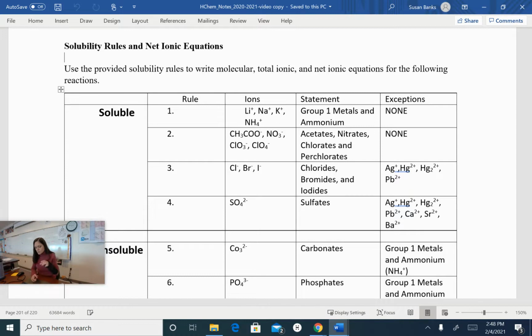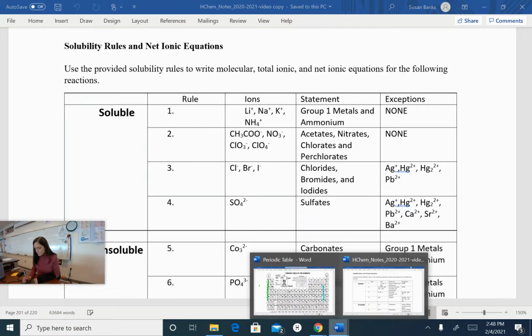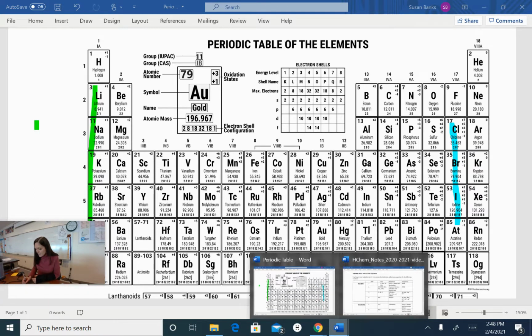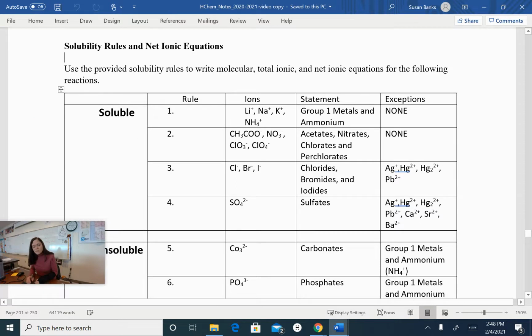Okay, rule number 3, chloride, bromide, and iodide. Notice chloride, iodide, and bromide are in our halogen. So we can loosely, not nearly as much with the first one, group 1 metals, but loosely we can kind of expand that to include all the halogens. But mostly chlorides, bromides, and iodides, they are all soluble with some exceptions.